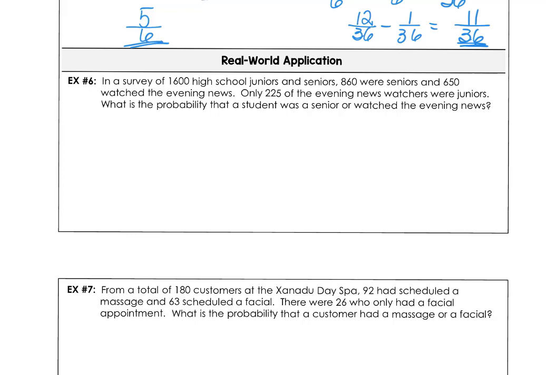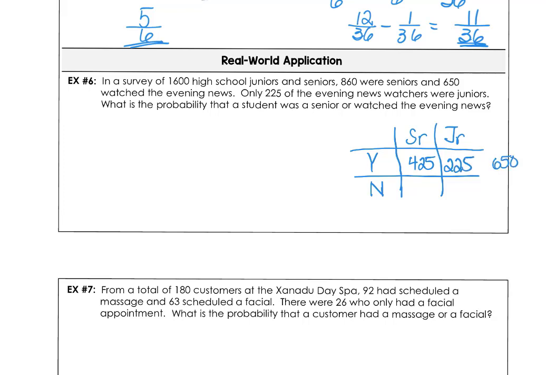In this case, I want to make a two-way table. So let's think. We've got the seniors and the juniors, and we have yes, they're watching the news, or no, they're not watching the news. So our seniors, they said 425, and 225 would give us the 650 total.